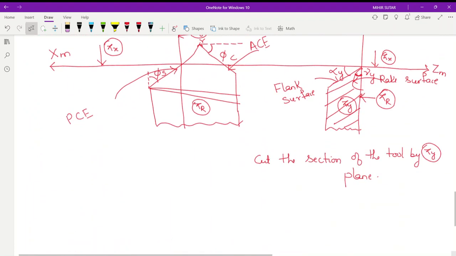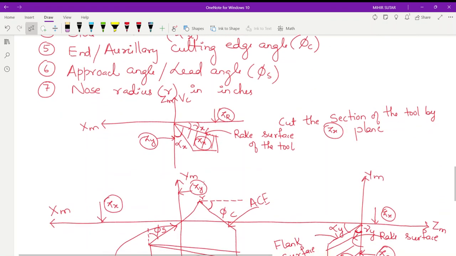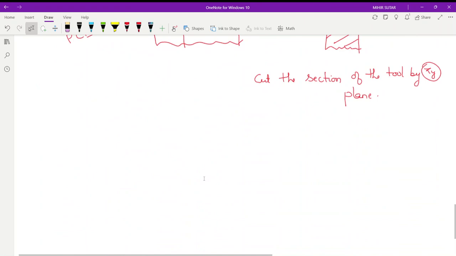Okay. Now we will define. We have drawn all the angles: back rake, side rake, end clearance, side clearance, cutting edge angle, approach angle, and nose radius as well. Now we will define each and every angle. So what is the first one? The first one is the back rake.